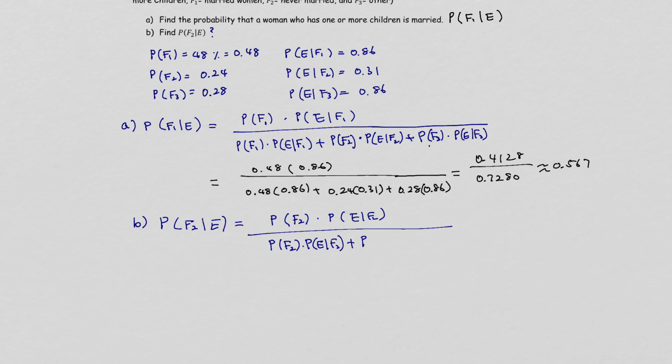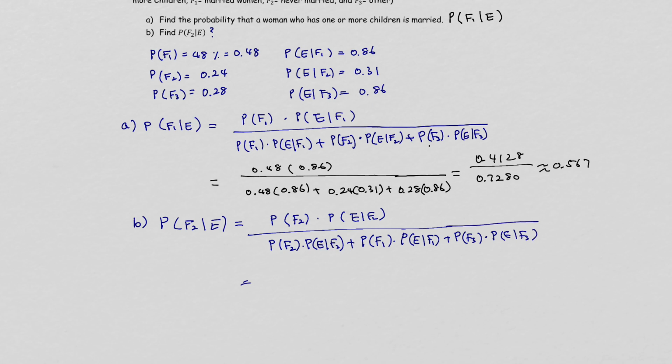So it will be the probability of F1 times the probability of E given F1 plus the probability of F3 times the probability of E given F3.